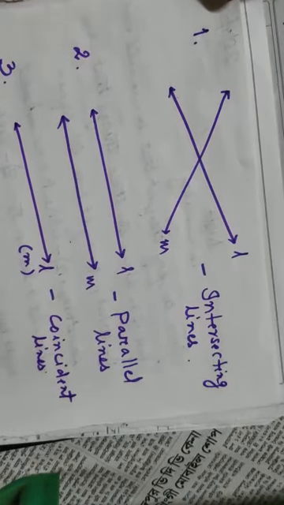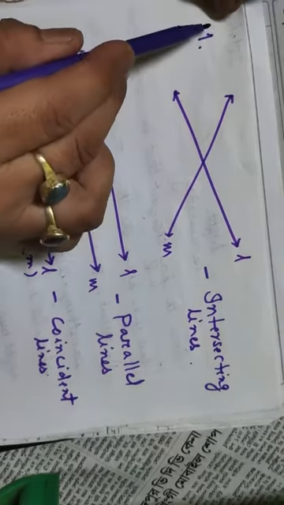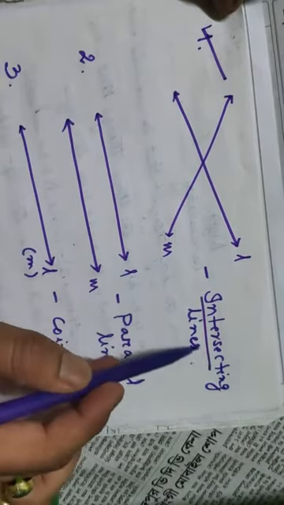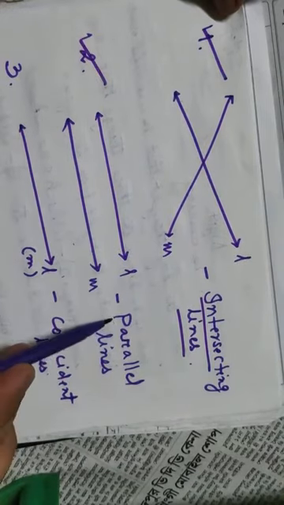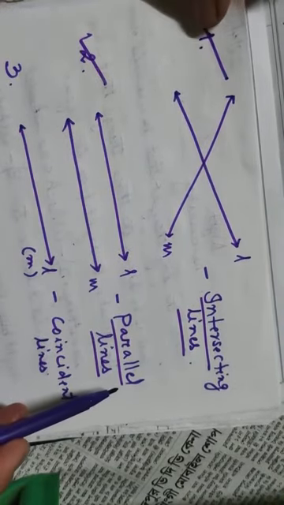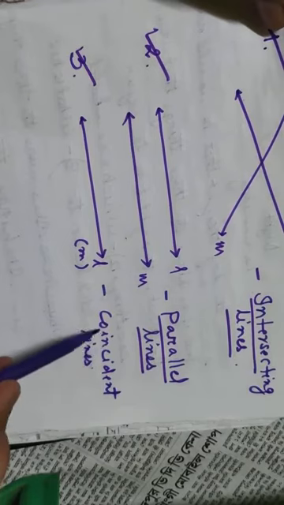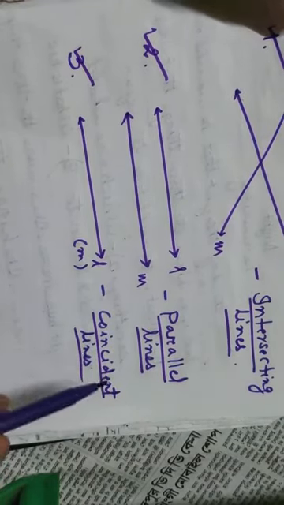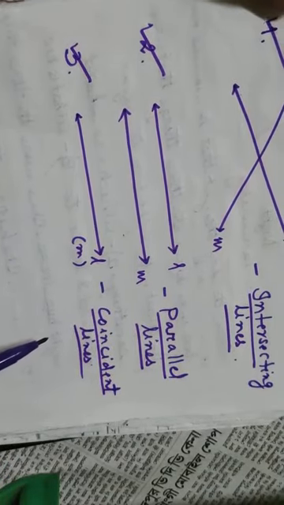So these are the 3 possible cases whenever someone asks you to draw two lines in a plane: first, intersecting lines; second, parallel lines; and third, coincident lines.